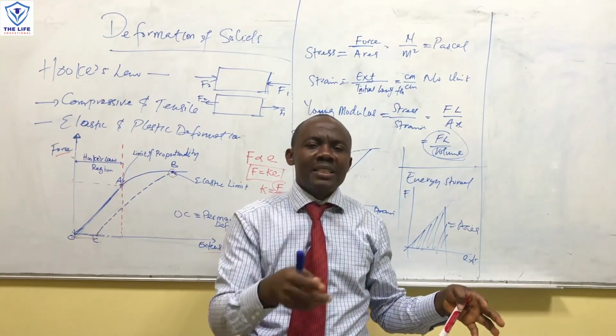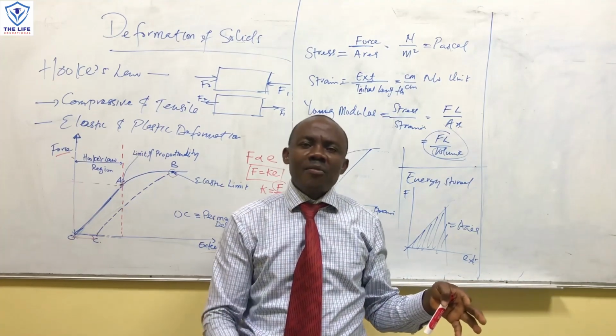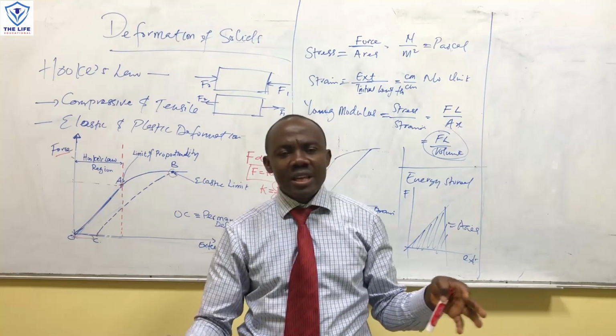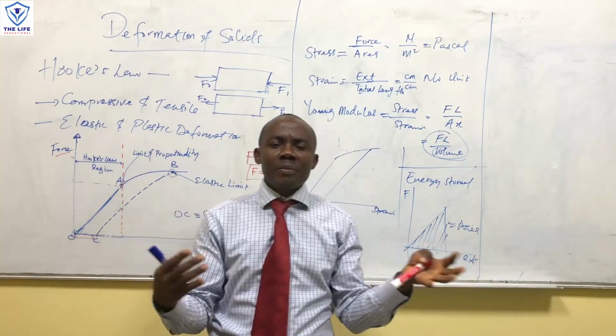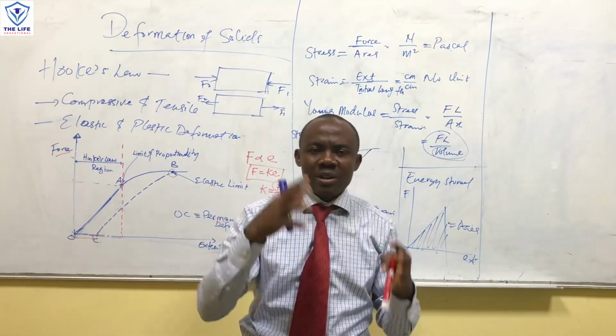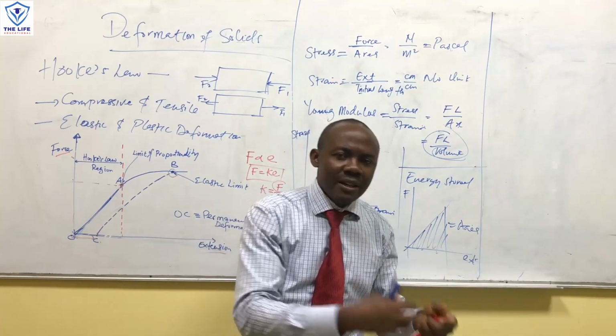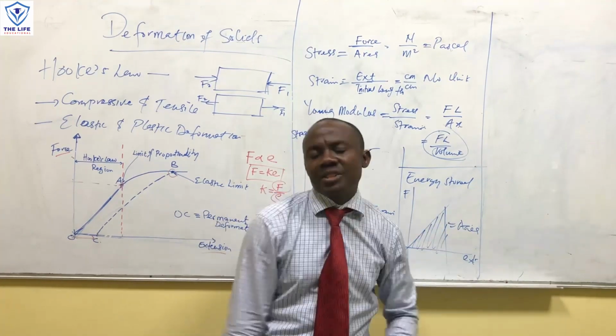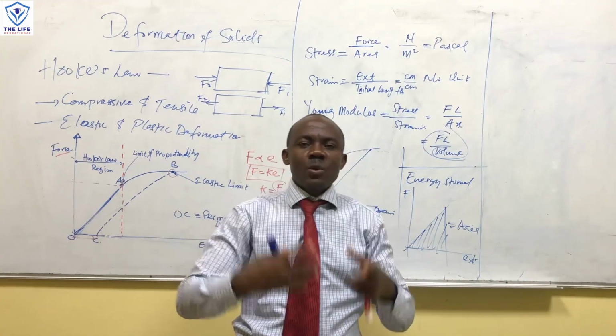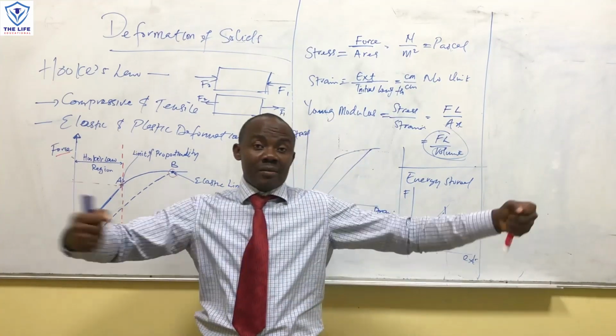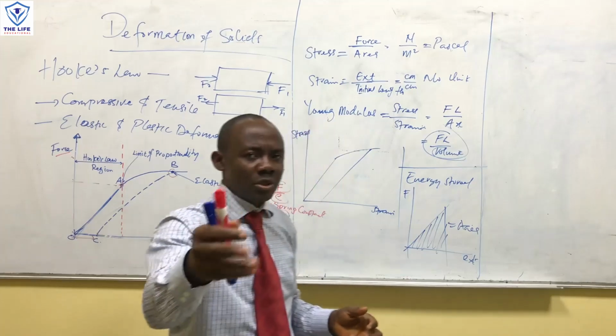Now, in doing that, the object must have worked. For it to work, it must have energy. Now, the point is this: where is the energy coming from? The energy must be coming from me. What I'm trying to say is, once you extend it, you transfer energy to that material, so the material will store the energy. Alright? That energy is what the material now uses to go back to its former position.